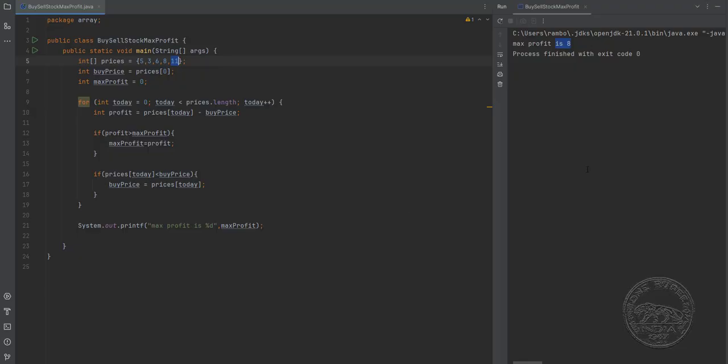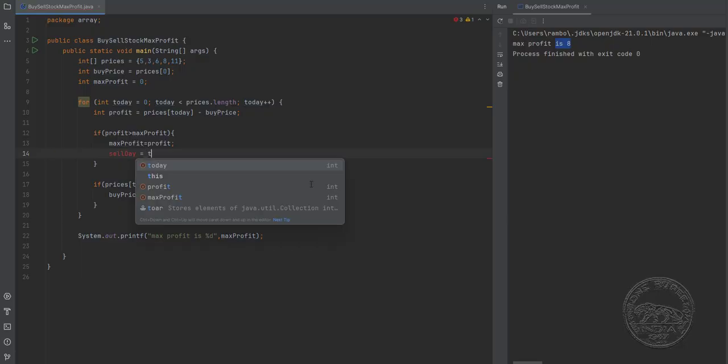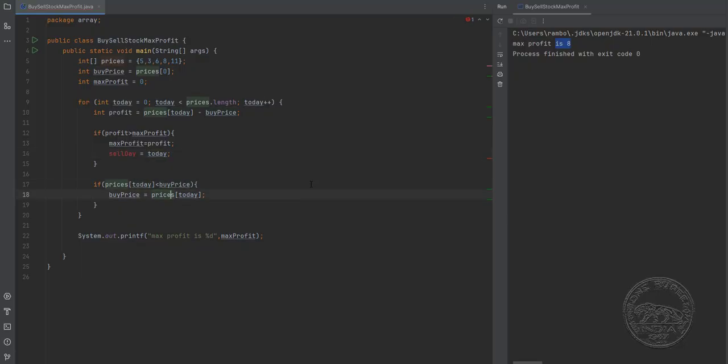So you get 8. But if you remember, the question was you need to also give the days when you're going to make a buy and a sell. So one thing is for sure, that our profit was actually set here. So we need to sell here. So let's have our sell day as today. And we found our minimum price here.